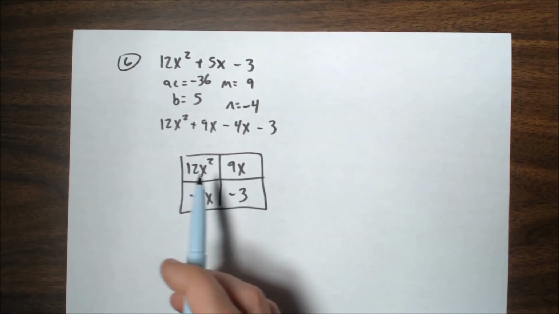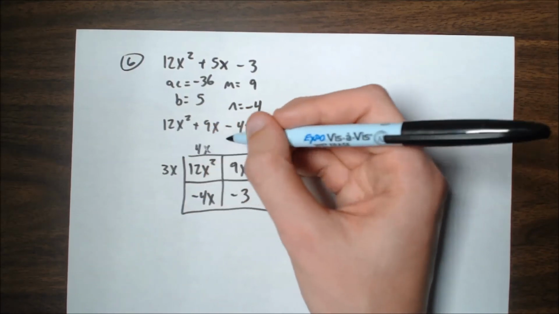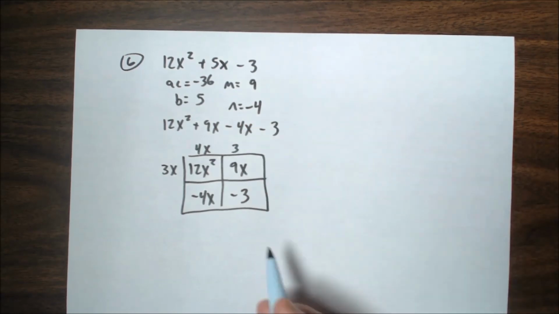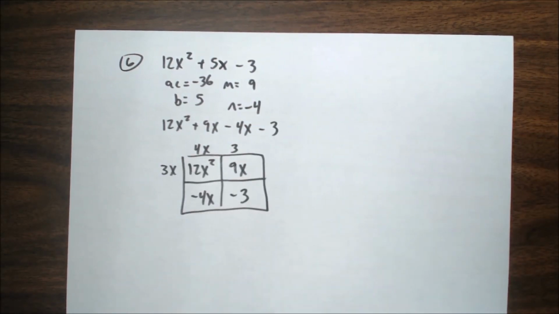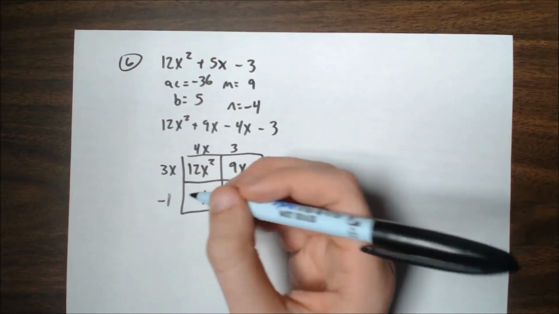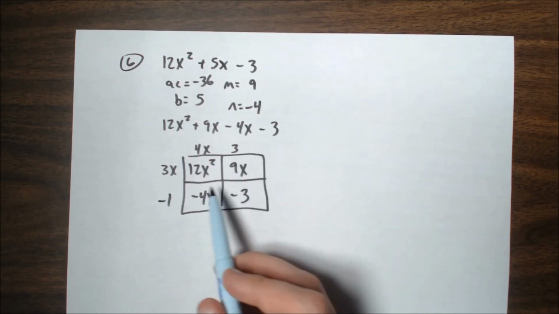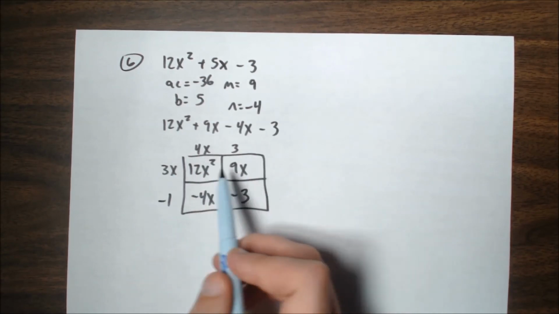I see a 3 and an x. And that leaves a 4x and a 3. Double check and make sure they multiply out the right way. And if I pull a 4x out from here, it just leaves a negative 1. And check, does negative 1 times 3 make negative 3? Yes. So everything lines up. If I multiply these together, I do get what's in the box.